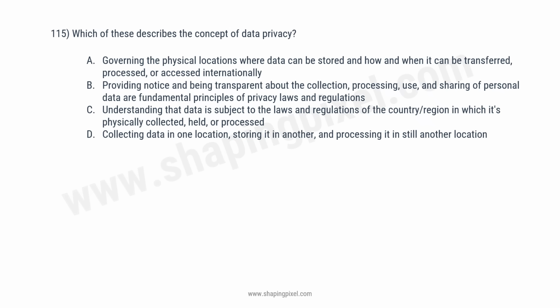Option C, understanding that data is subject to the laws and regulations of the country or region in which it's physically collected, held, or processed. Option D, collecting data in one location, storing it in another, and processing it in still another location. So the right answer here is option B.